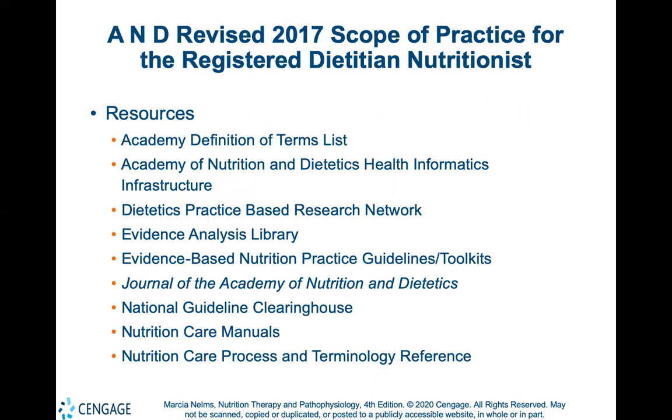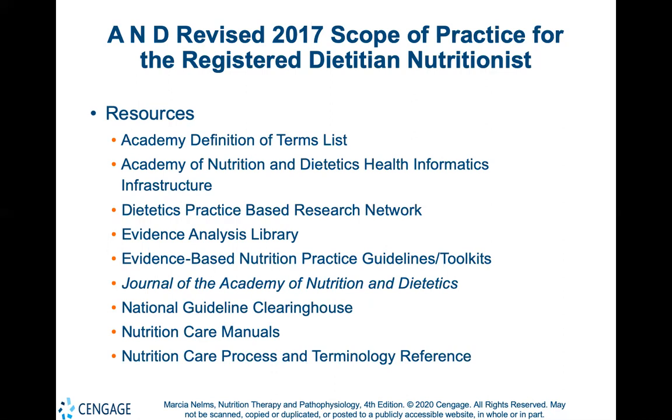The revised 2017 scope of practice for the RDN reflects the position of the Academy on the essential role of the RDN in the direction and delivery of food and nutrition services. The scope of practice for the RDN is composed of education and credentialing, practice resources, Academy standards of practice and professional performance, code of ethics, accreditation standards, state and federal regulations, national guidelines, and organizational policy and procedures.